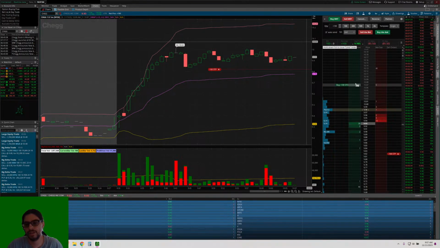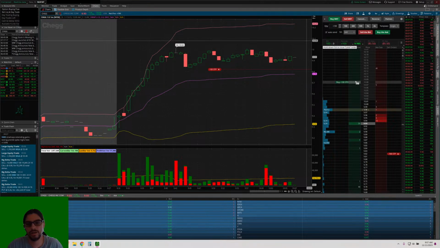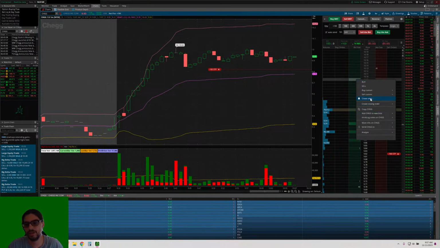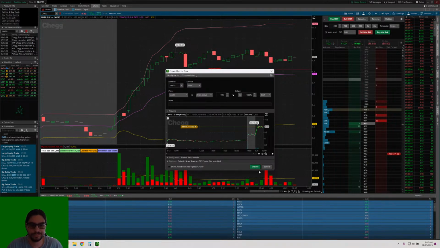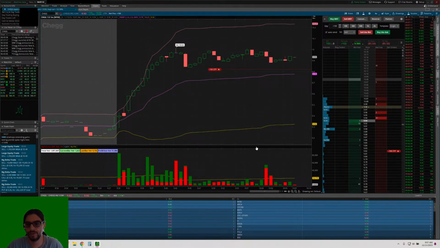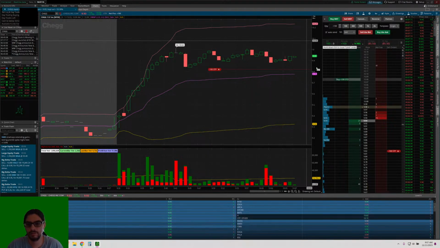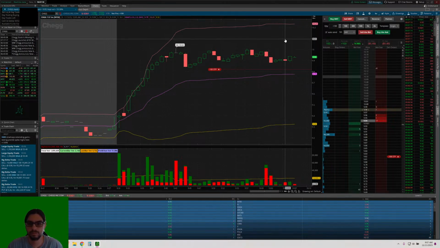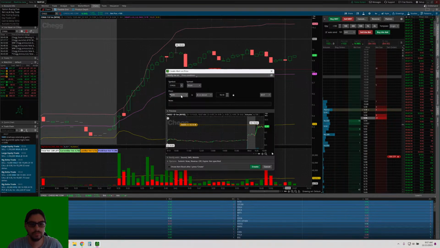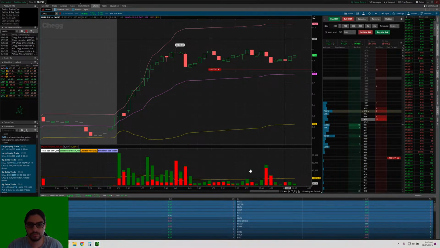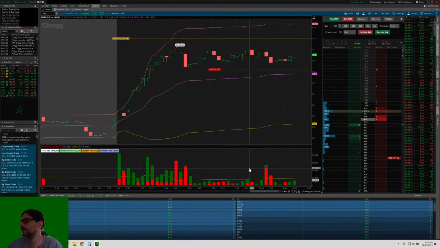What I'll do is put an alert that if it crosses here, let me know. At or above. Done. No. At or above. There. I don't know why it dinged me already.